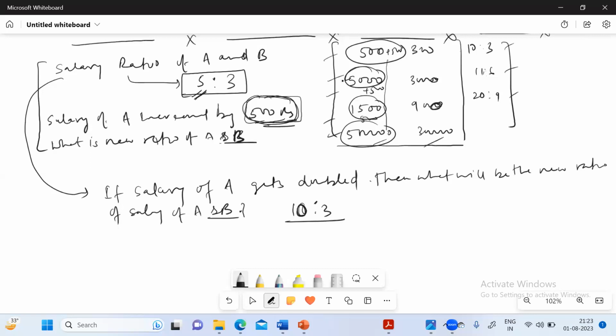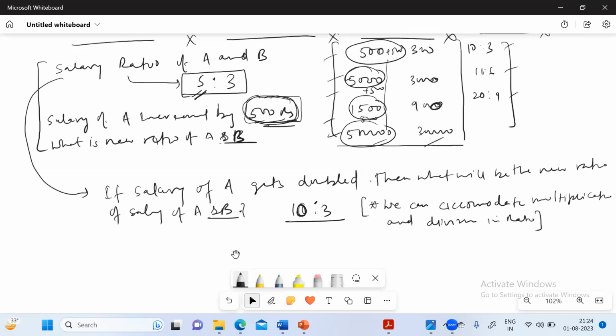So the idea here is we can accommodate multiplications and divisions in ratio, and we can find the new ratio.